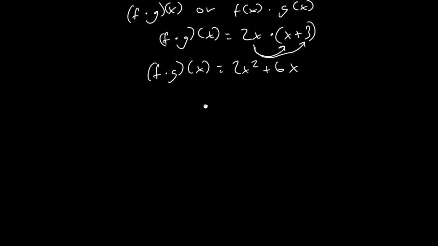And now division of functions is where it gets a little tricky, because we have to keep track of domain. So f divided by g of x is division, or we can do f of x over g of x. It's the same thing.